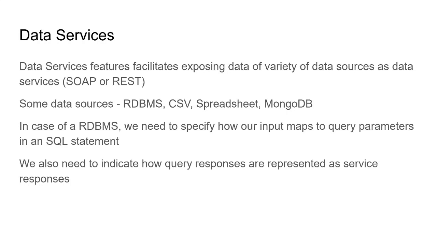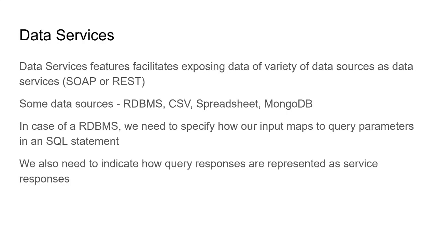So in the case of a relational database management system, creating a data service within WSO2 Micro Integrator takes several steps. You have to specify your data source parameters, where it is located, the credentials needed to connect to the database, and so forth. You will also need to specify how the input parameters are mapped to query parameters.